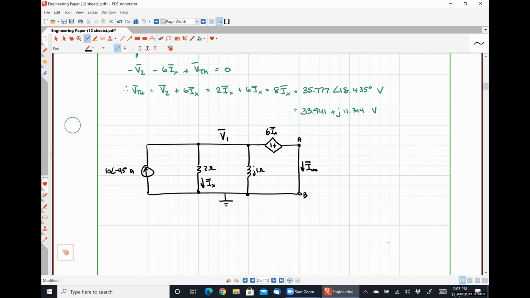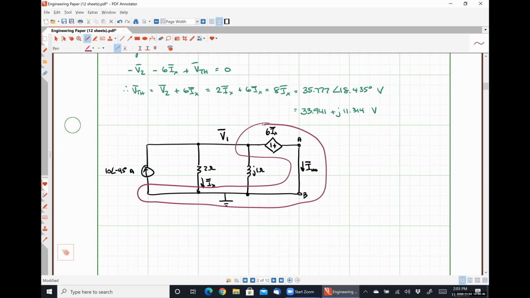So I have a supernode between node 1 and ground, right? If I have a voltage source and I'm doing nodal analysis, I have a supernode.